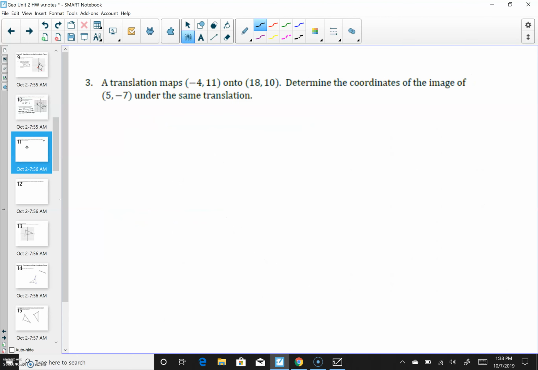In the third one, a translation maps (-4, 11) onto (18, 10). Determine the coordinates of the image. Well, the first thing we have to do is figure out what the translation was. Well, to get from negative 4 to 18, we have to add 22. And to get from 11 to 10, we have to subtract 1.